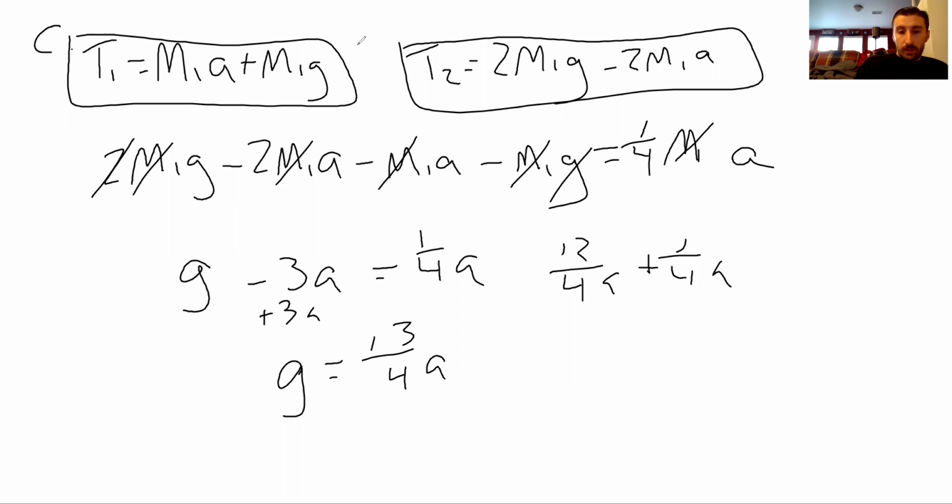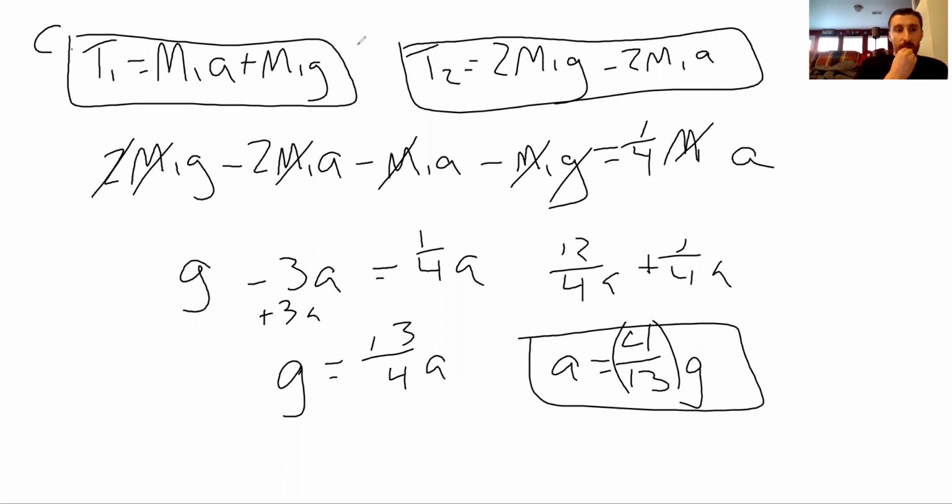Then what do I do? Get rid of it. So I get A equals, I multiply by the reciprocal, which is 4/13, the linear acceleration. That was pretty tough.